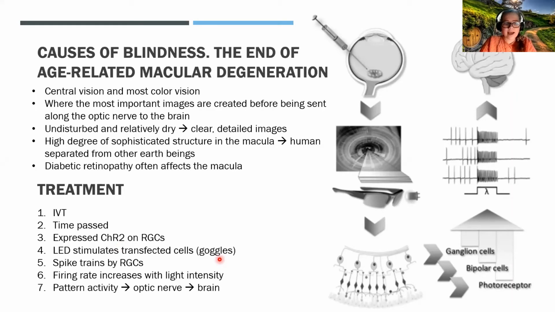Goggles can enhance the light transmission into the eye. And then we record spike trains by retinal ganglion cells. And when we increase light intensity, we get higher firing rate. And the firings are transmitted through the optic nerve to the brain.